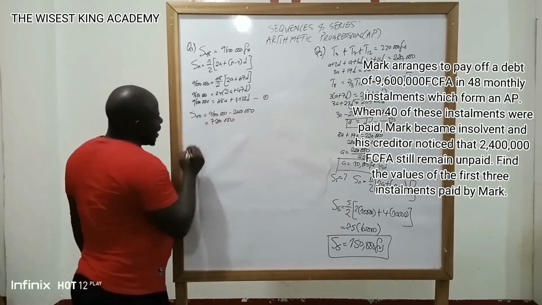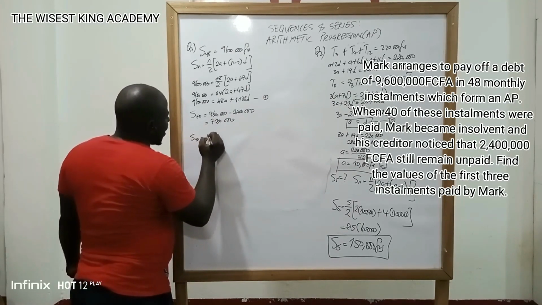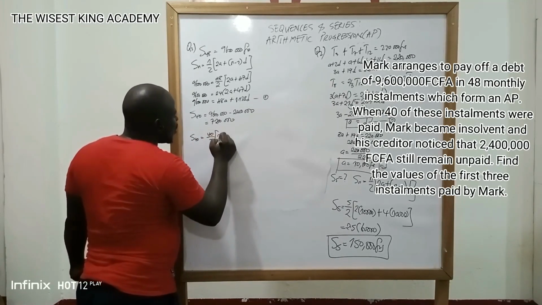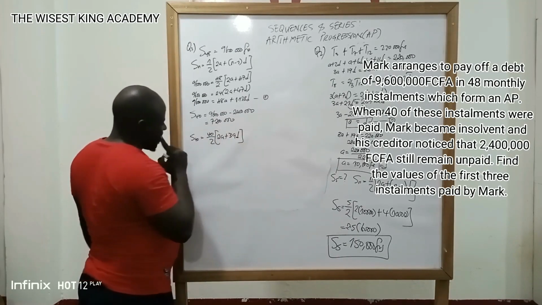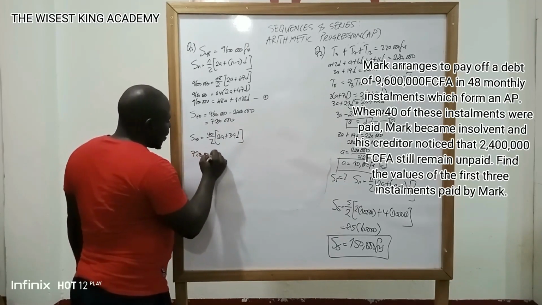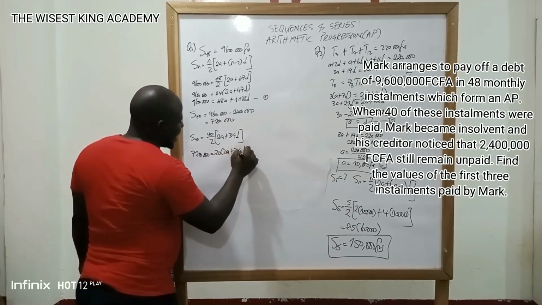So let's use the formula. S40 will be equal to 40 divided by 2, big bracket open, 2a plus 39d. Don't forget. So we have 7,200,000 equals 20 times (2a plus 39d).